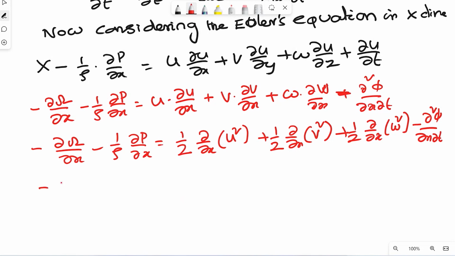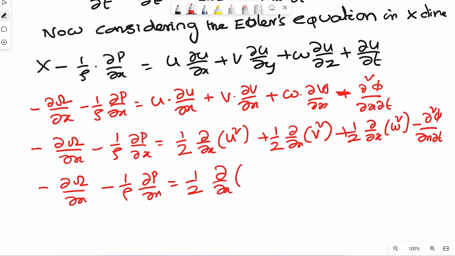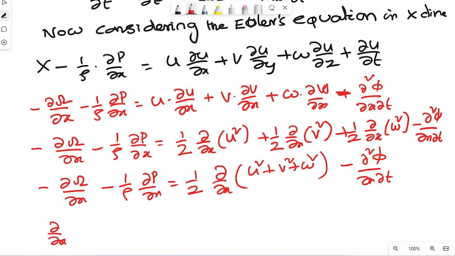Again, I can simplify: minus ∂Ω/∂x minus 1/ρ ∂p/∂x is equal to half ∂/∂x of (u² plus v² plus w²) minus ∂²φ/∂x∂t.